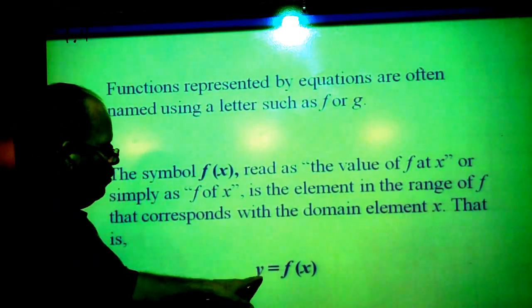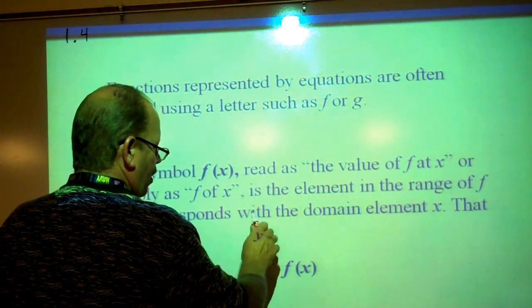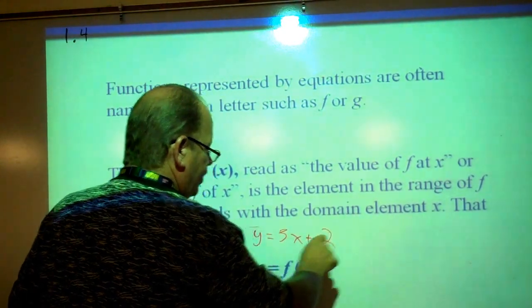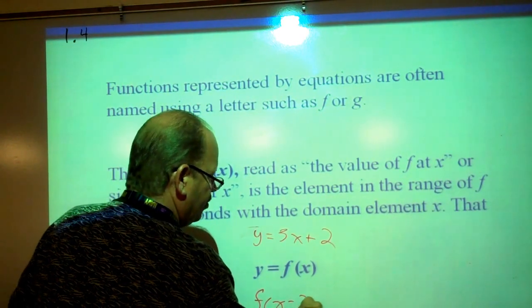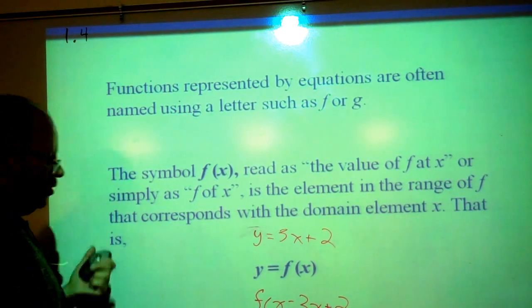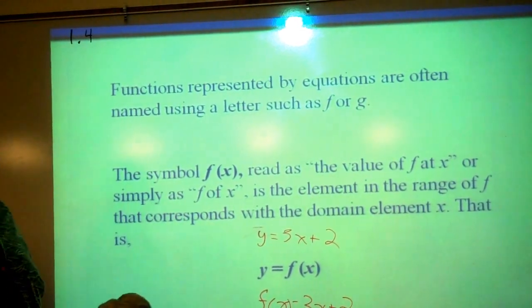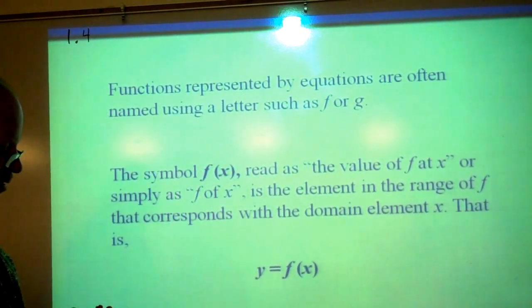Now, instead of writing y equals 3x plus 2, and calling it a linear equation, we would write f of x equals 3x plus 2, and we'll call it a linear function. Again, the language is new perhaps, but the concepts aren't.